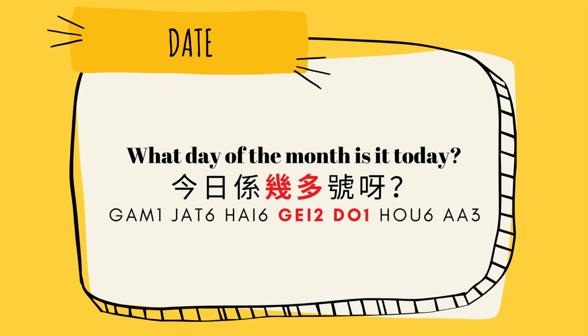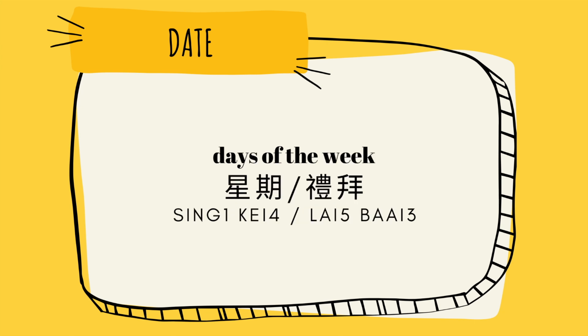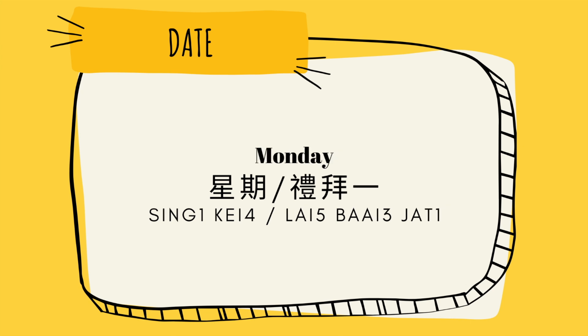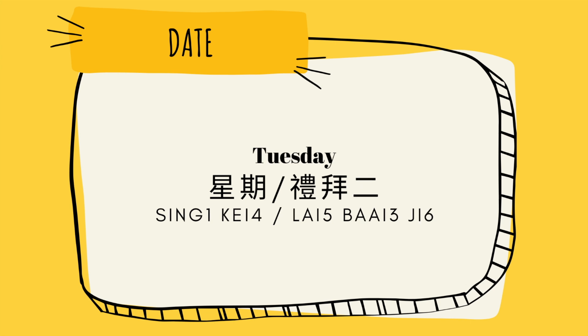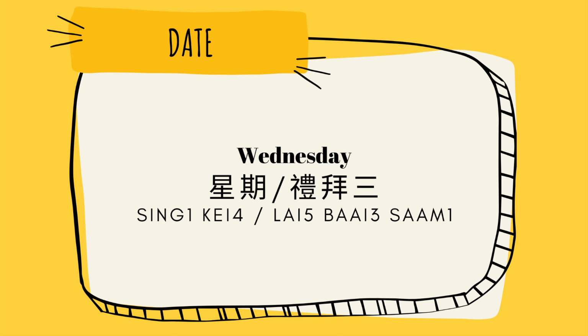Lastly, in Cantonese, a week begins on Monday and ends on Sunday. It's expressed by 星期 or 禮拜. Monday, 星期一. Tuesday, 星期二. Wednesday, 星期三.